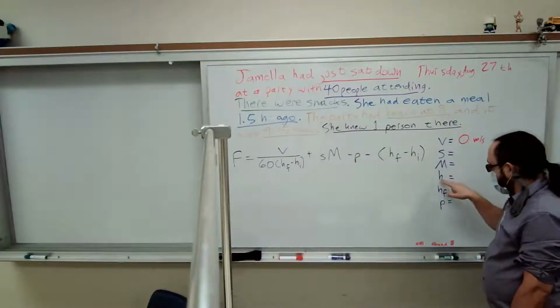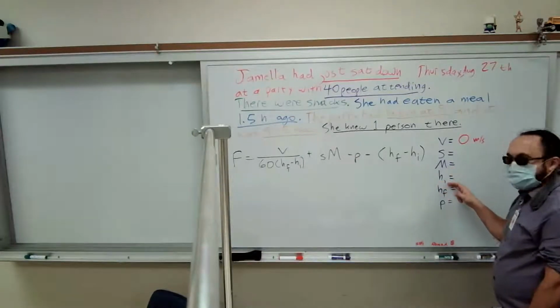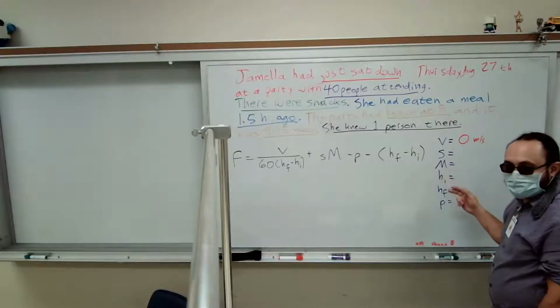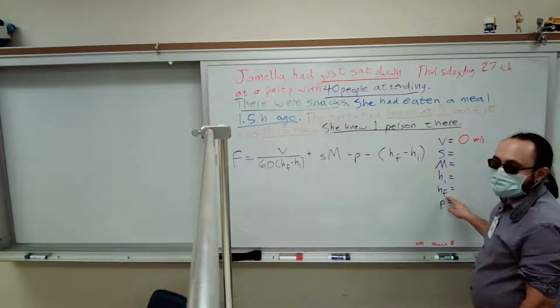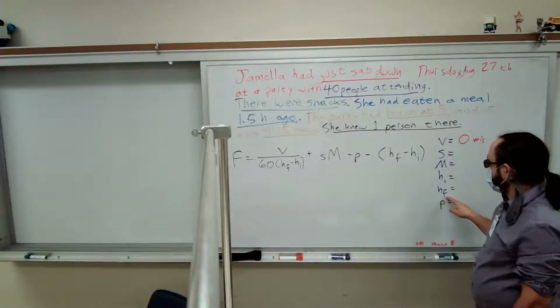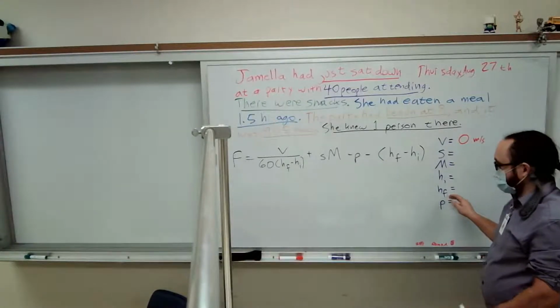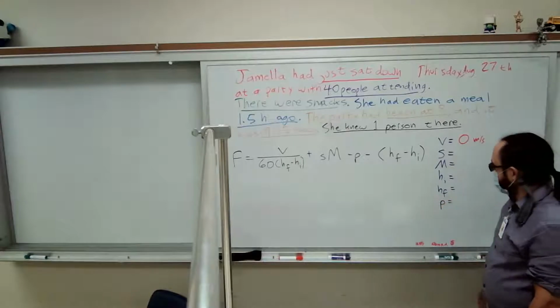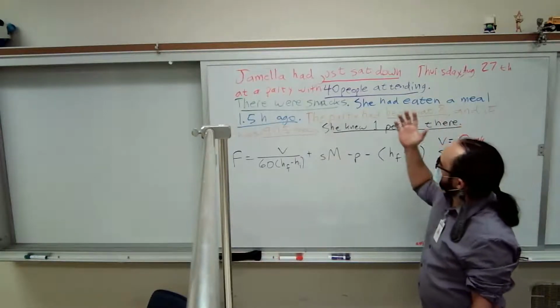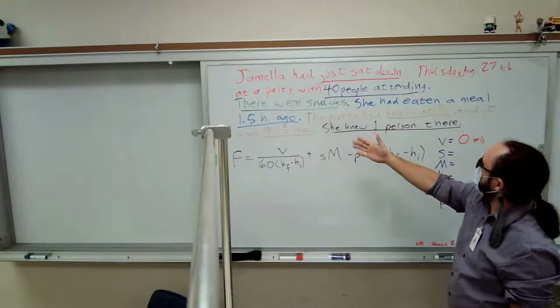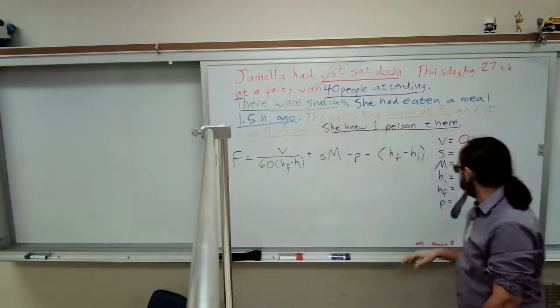HI would be the hour the party started, I for initial hour of the party. HF would be the hour the party ended, F for final hour. Or not ended, in this case it's not over, but it's 9:15 now. We started at 8 and it's 9:15 now.